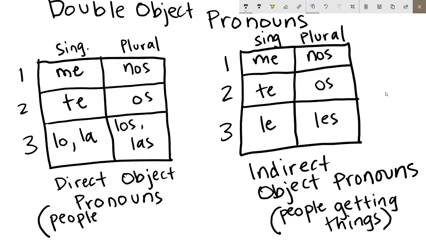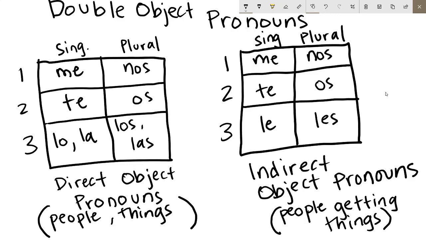Okay? Direct object pronouns are people or things that are being given or spoken to. They are being directly influenced by the action.